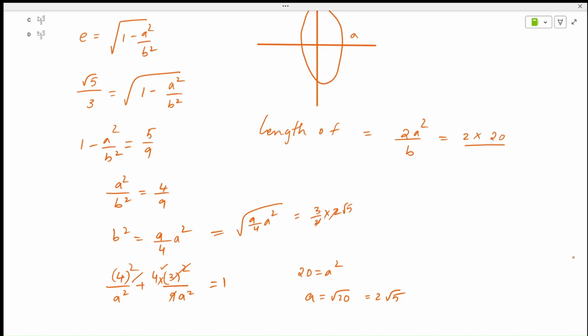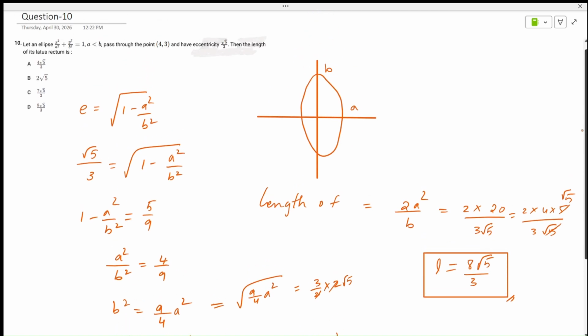So we'll get 3 root 5. And if we cancel this, we'll get 20 can be written as 4 into 5 by 3 root 5. So we will get 8 root 5 by 3. So this is the length of the latus rectum of the given ellipse. So the answer is option D.